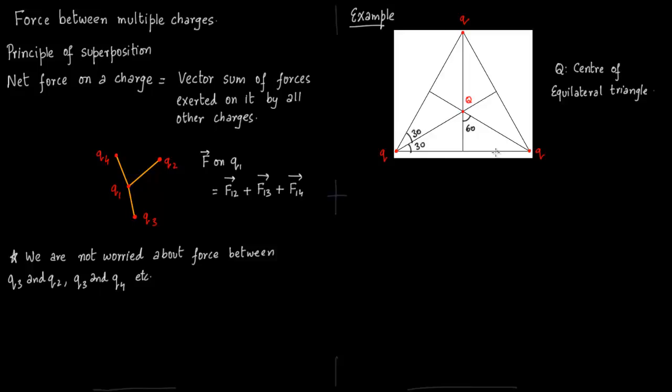So I'm right now just marking the angles. This is an equilateral triangle and that's why we have 60 degrees and 30 degrees as I have marked. So there are three forces acting on this capital charge Q. All three forces are pulling capital charge Q towards small charge q.